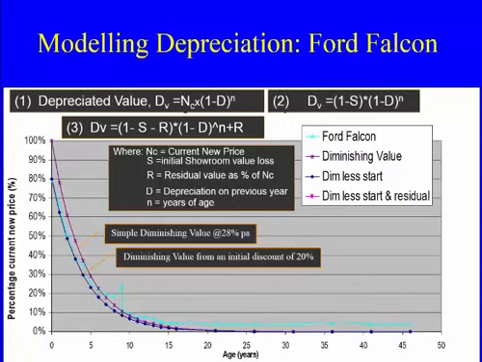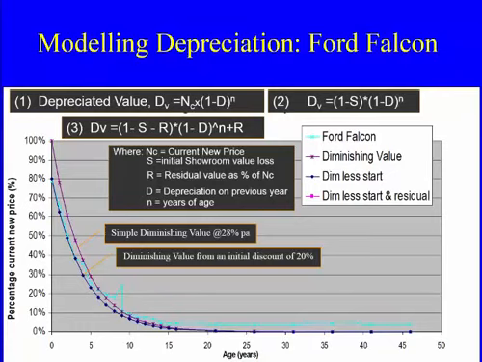And we notice that by adding a 20% showroom effect, our curve now fits the behaviour of the Ford Falcons a lot better, certainly in the first 5 or 10 years of the vehicle's age.